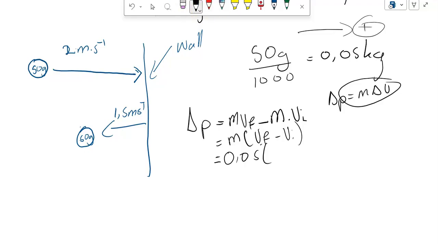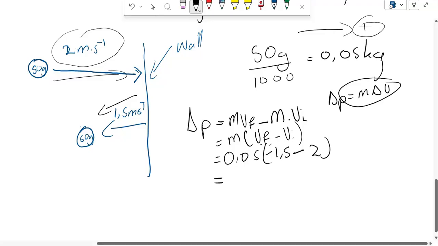Since right is positive, my final velocity, my ball was moving 1.5 meters per second to the left, or to the west. Since I chose right as positive, that means left is negative. So this is just going to be negative 1.5 minus my initial velocity. My ball was thrown at a speed of 2 meters per second to the right, and I chose right as positive. So this is just going to be 2. Let us punch on our calculators and see what answer we get.